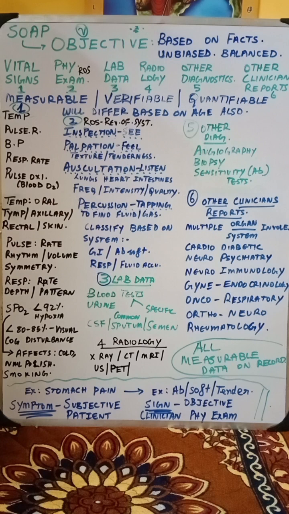Whatever is being told by the clinician to be taken to confirm the diagnosis, that has to be brought onto record inside the objective column. So please understand that anything that is documentable, verifiable, quantifiable, measurable, which falls under all this, has to be noted down in the objective area.